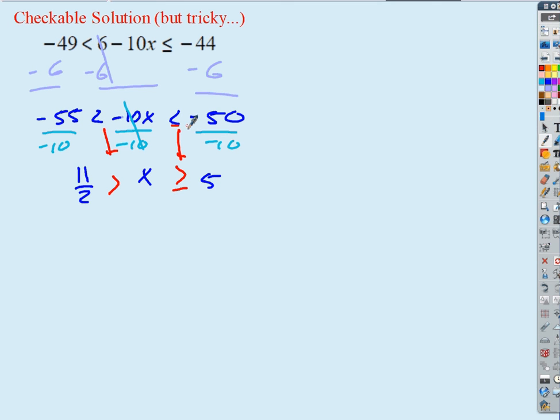Okay, so that looks goofy, what should I do to that? Flip it. Gotta flip it around, good. So we got the x, 5 is less than 11 halves, so 5 should go on the left. What's the relationship there? X needs to be greater than or equal to 5 and less than 11 halves, okay? So how could I check this one?